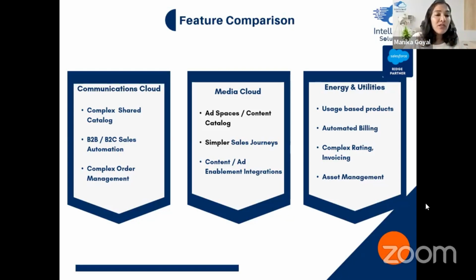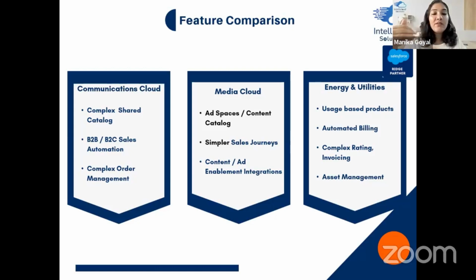Okay, so in communications cloud, we talk about a complex shared catalog. In media cloud, again, there is a variety of products. There could be ads, content, live video streaming, OTT spaces. There could be plenty of them in the media cloud, but it gives you the data model for holding those product structures.